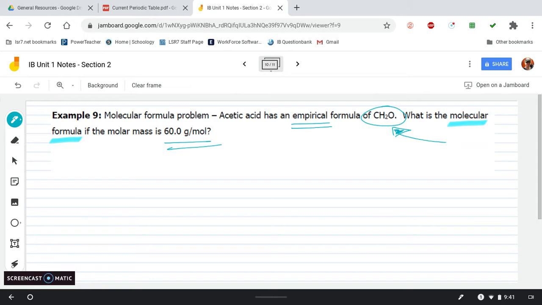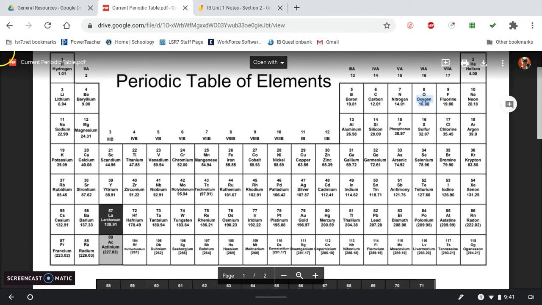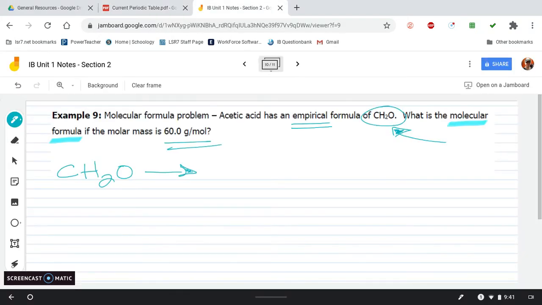So what you do is you take the formula that they give you, CH2O. How much does this weigh just by itself? We're going to go to our handy periodic table, and there's carbon, 12.01. There's one carbon, so the carbon accounts for 12.01.